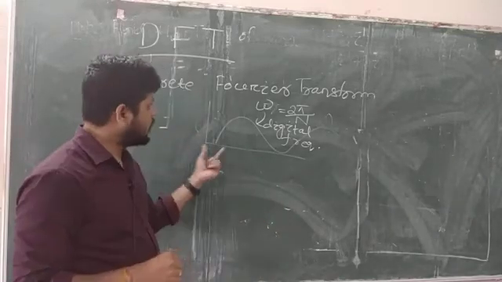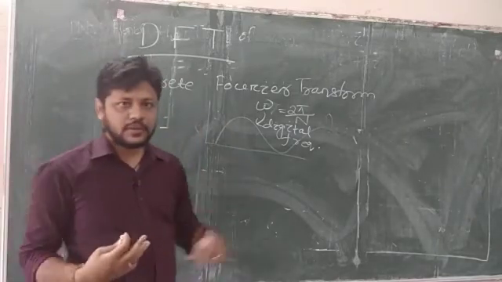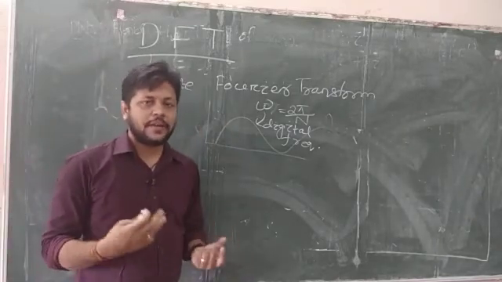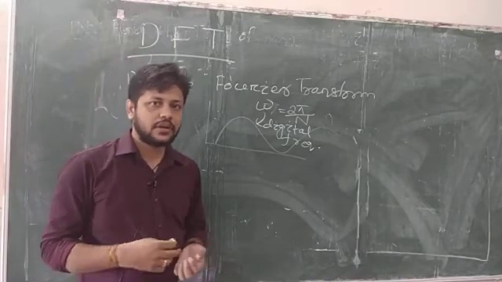Now we will see the definition of the discrete Fourier transform. That means, when we have a time domain signal given to us, how to find the discrete Fourier transform.